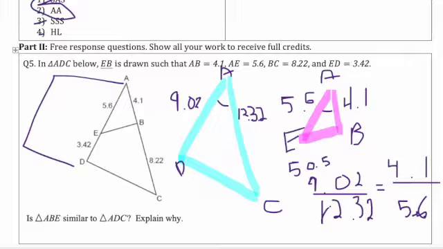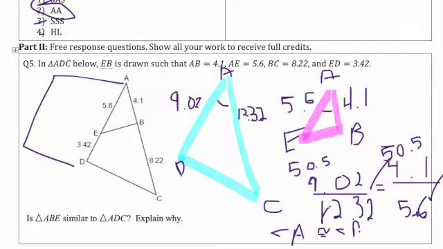Sorry, 12.32 times 4.1. And that gives me 50.5. Okay, so these two sides are in proportion, right? And we have an angle A, right? Angle A is congruent to angle A by reflexive property.